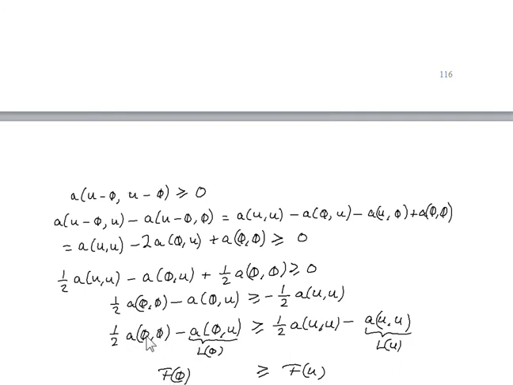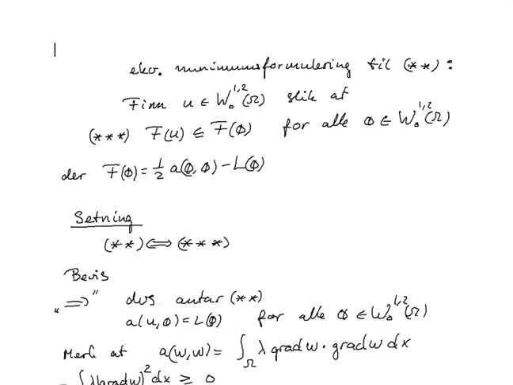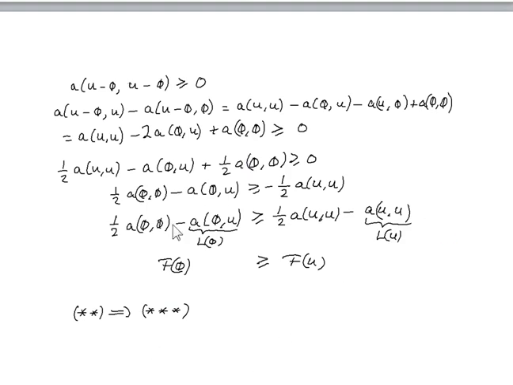Just go back and see what we have. Here is the definition of F of phi, so we know also that F of U must be equal to half A of U minus L of U. So therefore we obtain that this is F of phi and this is F of U. So now we have proved that F of phi is always larger than or equal to F of U. That means that this functional attains its minimum value for phi equal to U. So now we have proven the implication.